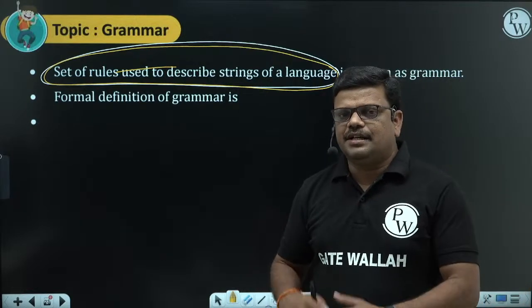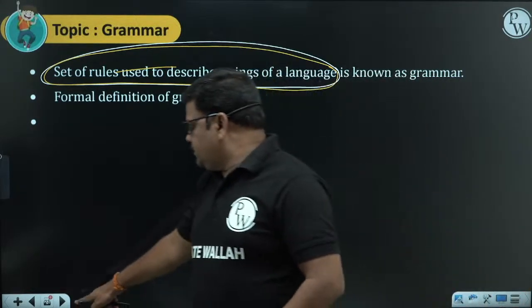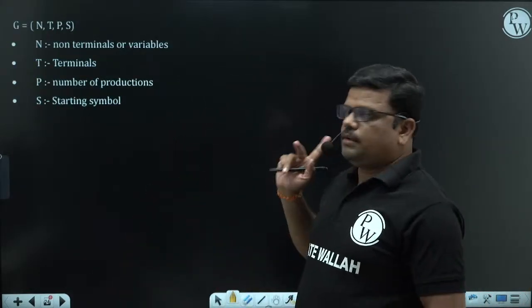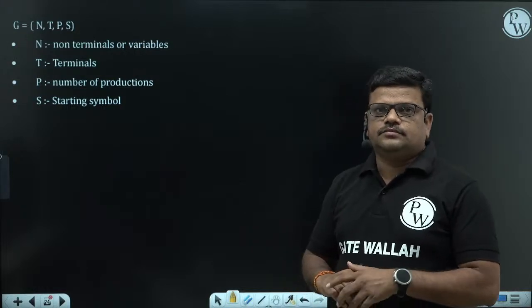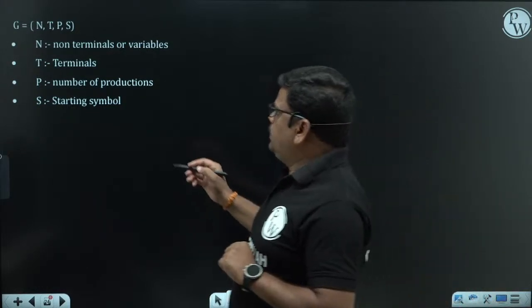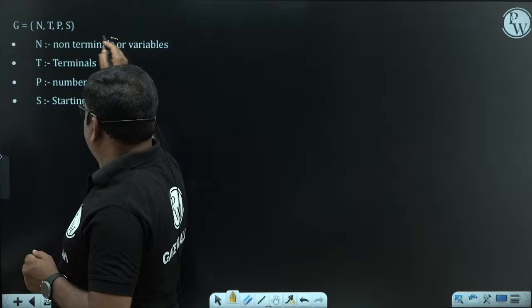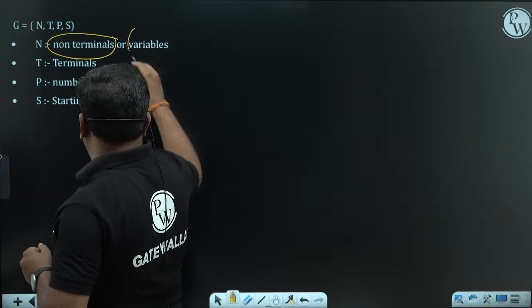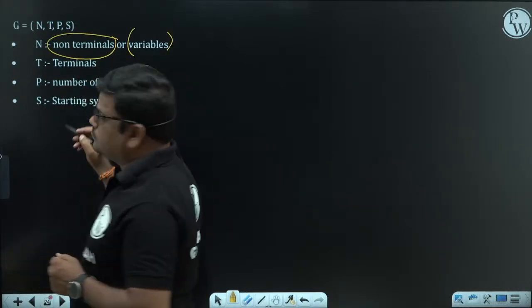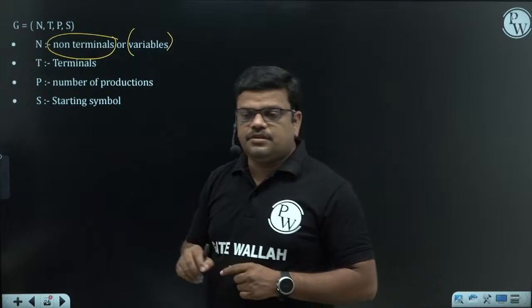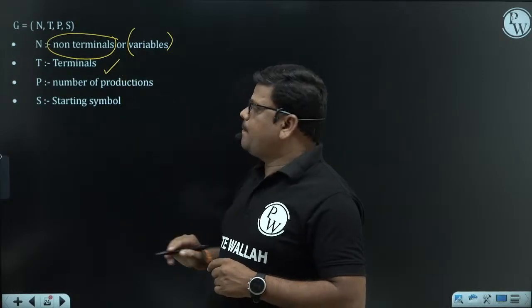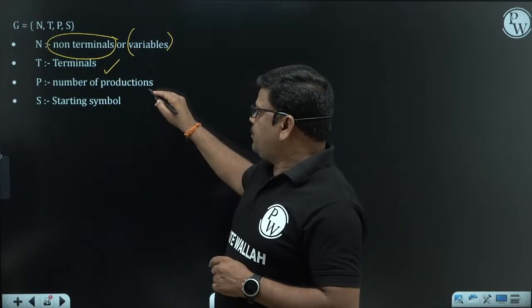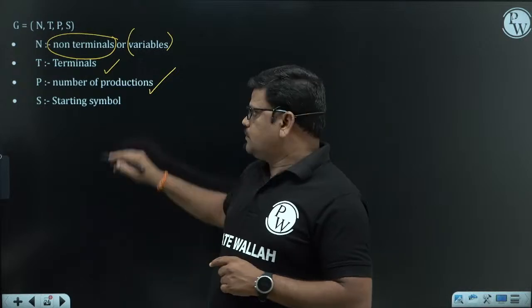Generally, grammars are represented in computer science with the help of 4-tuple notation. Non-terminals, which are also called variables, then terminals, productions, and the starting symbol.